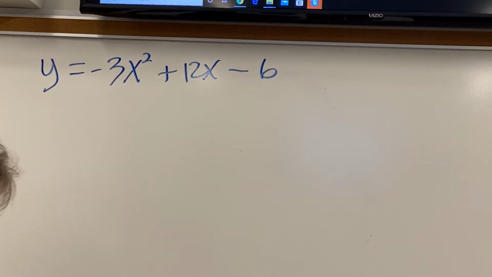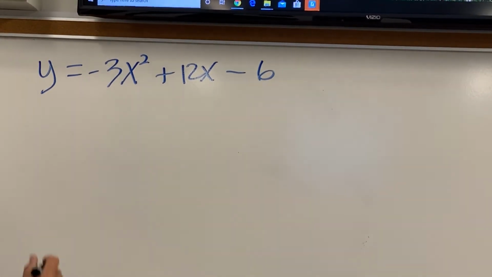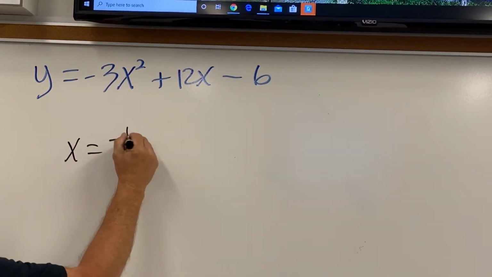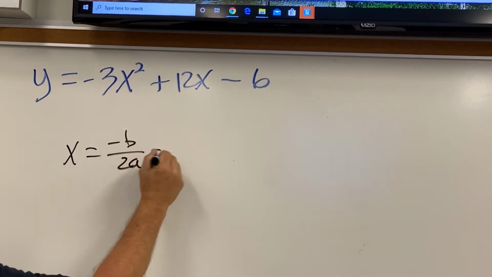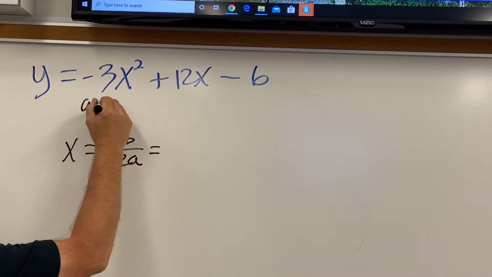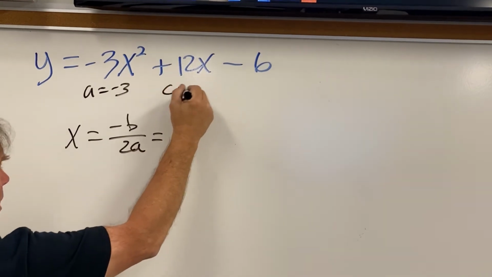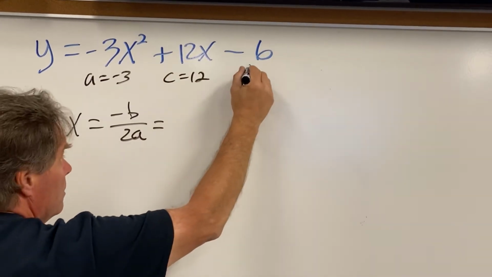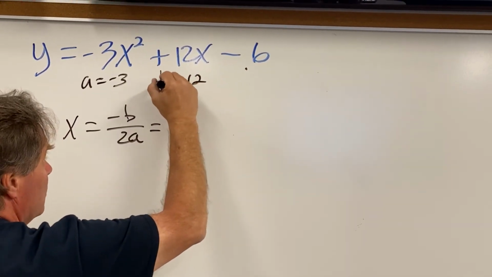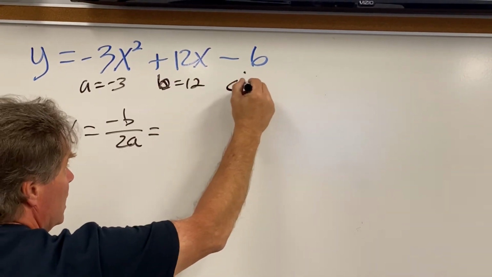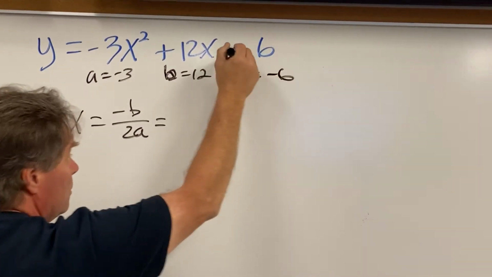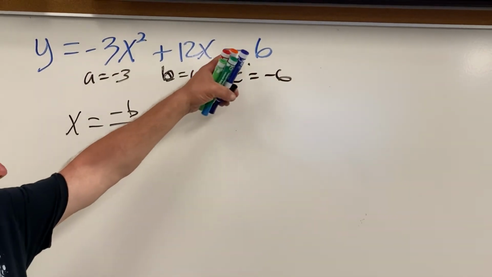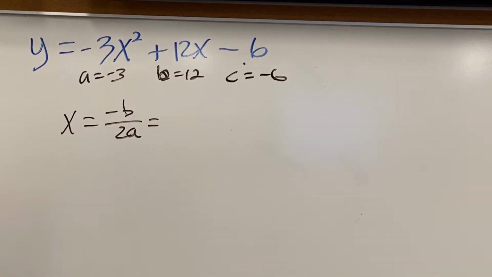Okay, so we're going to use our little magic formula. X equals negative b over 2a. So notice a is negative 3, b is regular 12, c is negative 6. You keep the signs. Look, c is not 6, it's negative 6 because there's a minus in front of it.